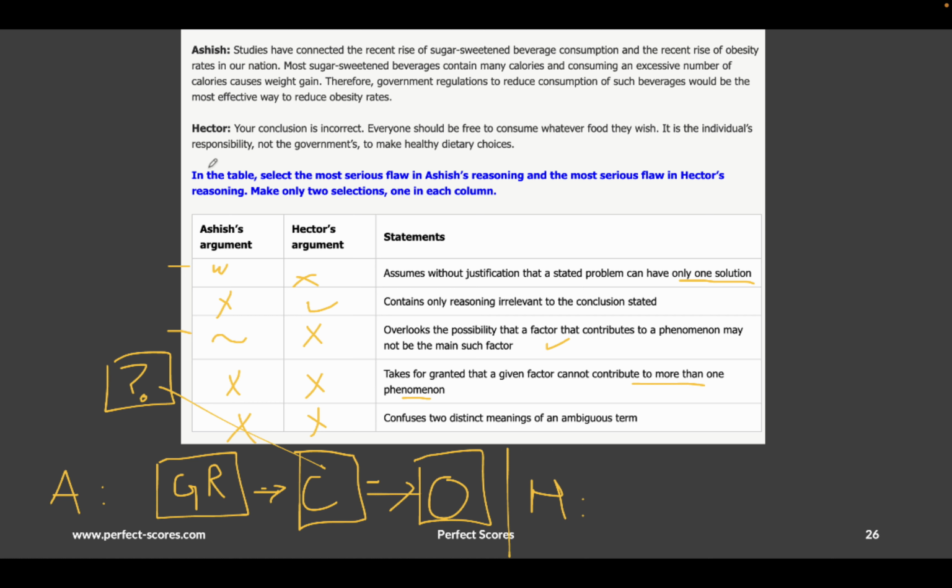So this one over here is Ashish's answer here. So we got these two answer options.